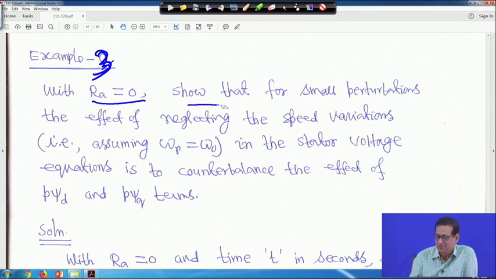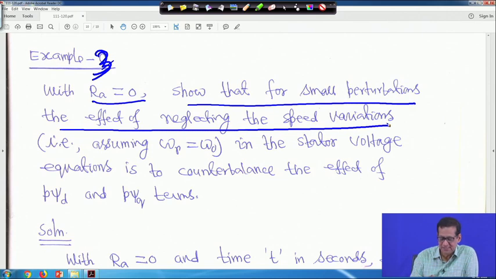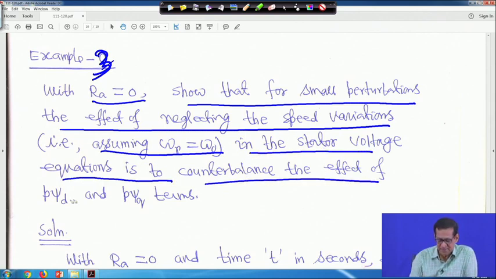For small perturbations, the effect of neglecting the speed variation, that is assuming omega r is equal to omega 0 in the stator voltage equation, is to counterbalance the effect of the P psi d and P psi q terms.